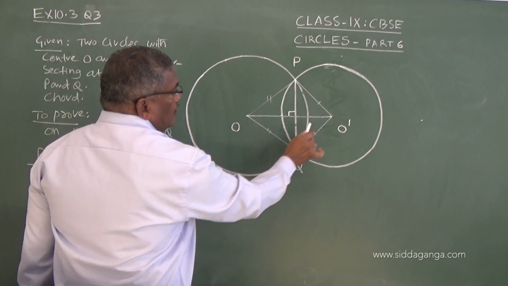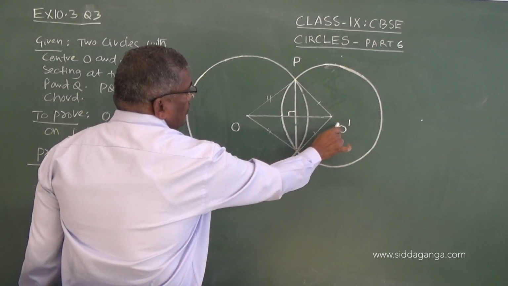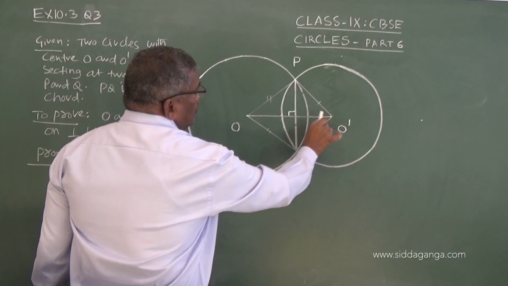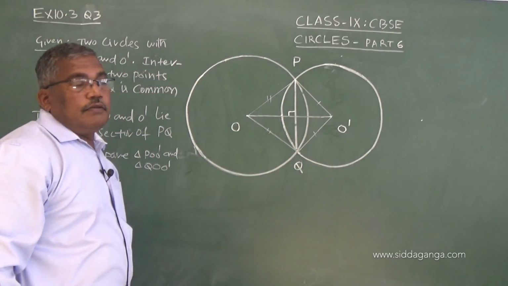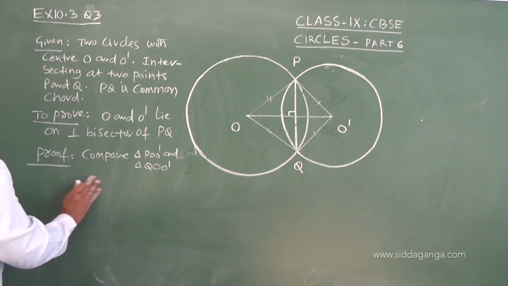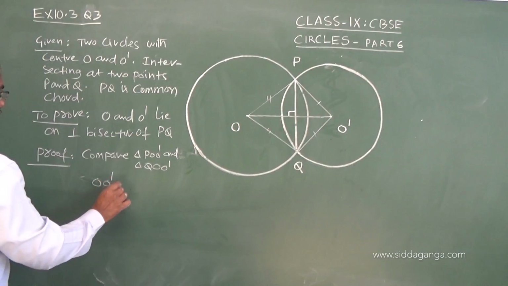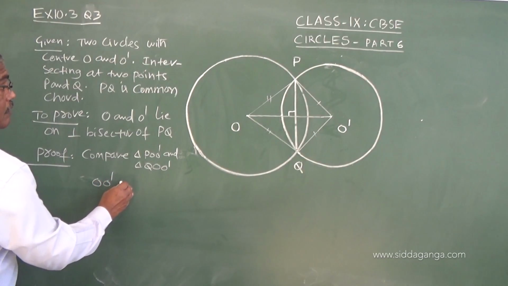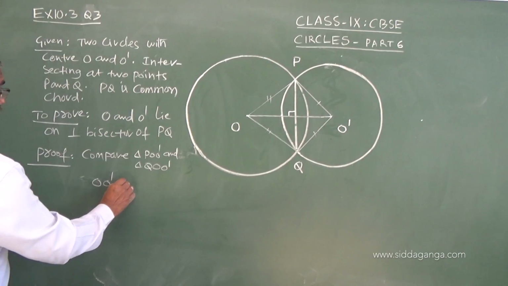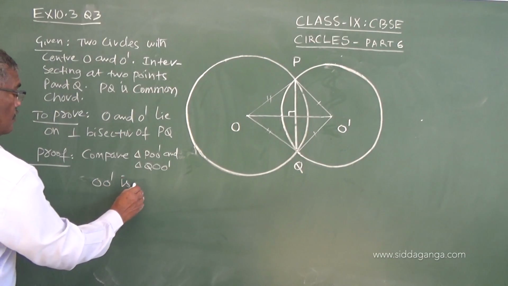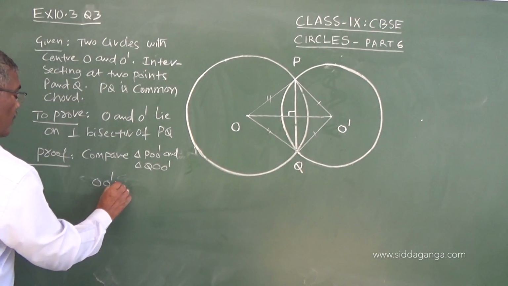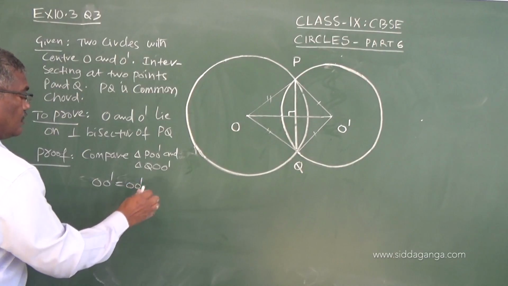And O dash is common to both the triangles. So O dash equals O dash, common.